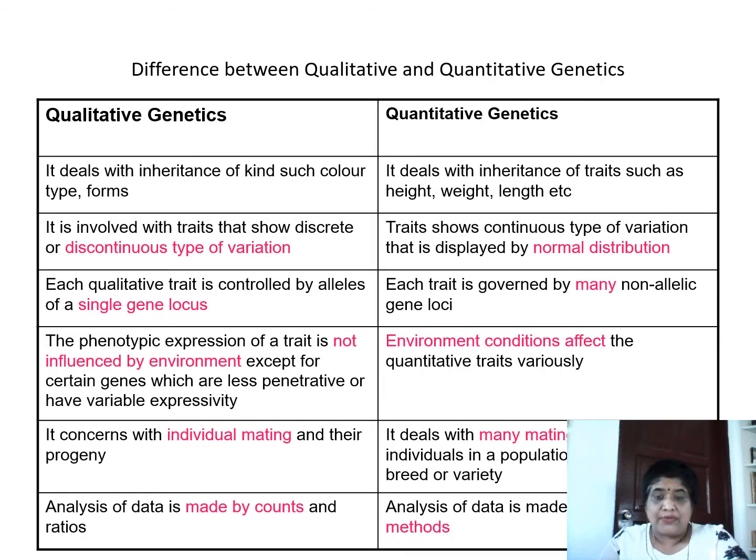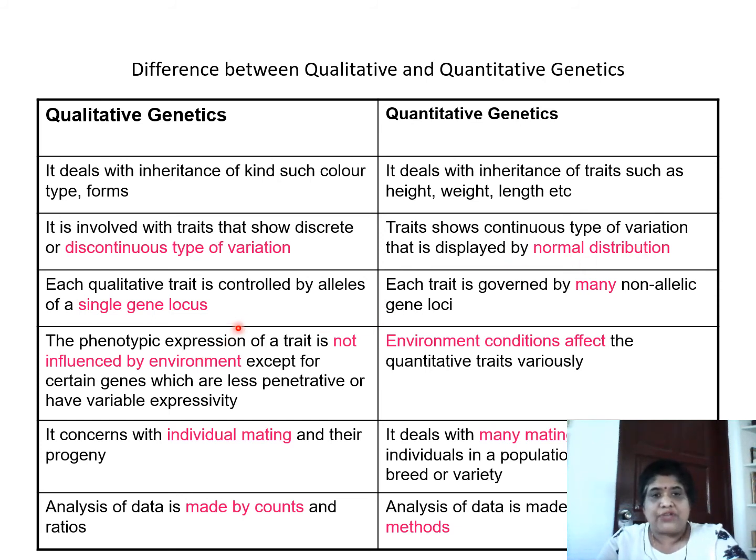So again, if you want to tabulate the difference between qualitative and quantitative genetics: qualitative genetics deals with inheritance such as color, types and forms, whereas quantitative genetics is more about height, weight, and length. Qualitative genetics shows discontinuous variation, whereas quantitative genetics is displayed by normal distribution.